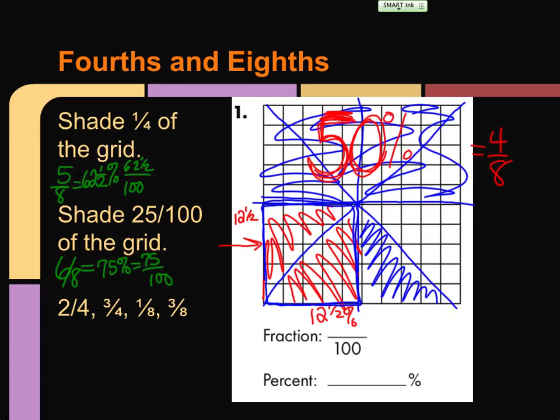So if I know that this is 50 and this is 25, this whole thing's 75, plus 12.5 would give me what for 7/8? 7/8 would be 87.5 out of 100, which is equal to 87.5%.